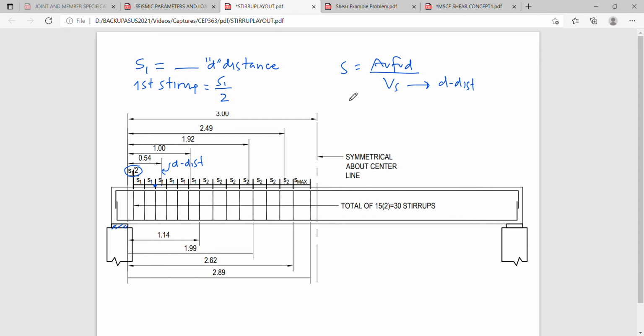Let's say S2. It so happened that at 1 meter, your S2 here is the same as S1 because what prevailed is the maximum spacing requirement on the ACI code.